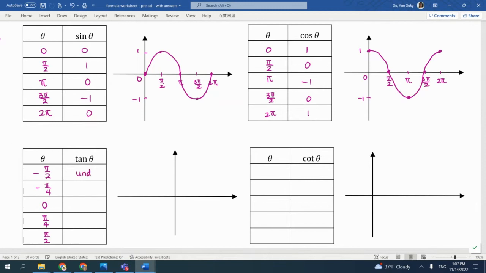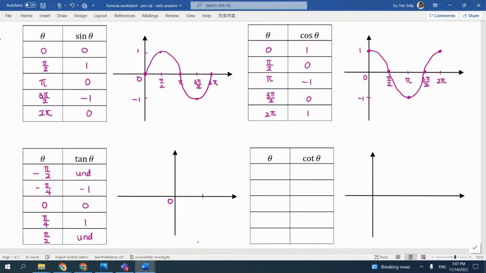At theta equals negative pi over 4, tangent is -1. Tangent of 0 is 0. Tangent of pi over 4 is 1. Tangent of pi over 2, vertical asymptote, so undefined. So that's why you have 0 in the middle.